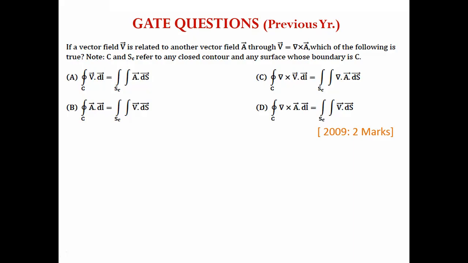Note C and SC refer to any closed contour and surface whose boundary is C. See, I am giving you the hint. This is related to what we have just studied, that is the Stokes theorem. So they have asked Stokes theorem, but not directly, an application of Stokes theorem. And this is 2 marks. See, 2 marks is good for GATE. If somebody solves it correctly, this has importance.